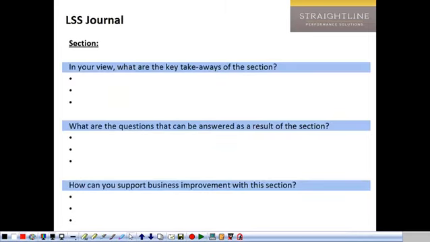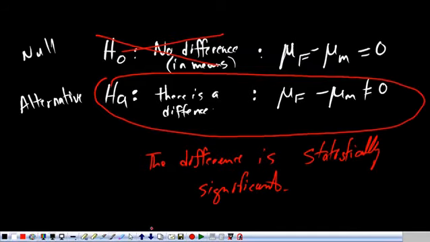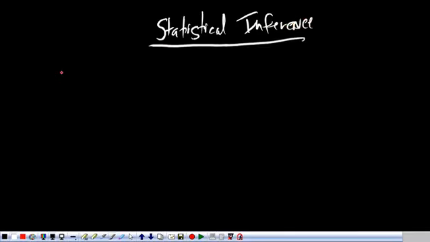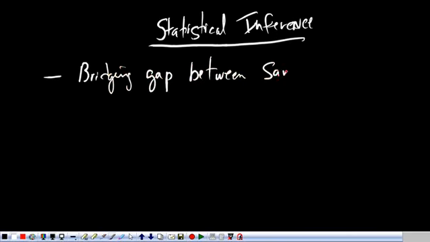Okay. So before we wrap up, I want to just summarize what we've looked at and some of the key things in statistical inference. The key thing is that statistical inference means bridging the gap between sample and population.